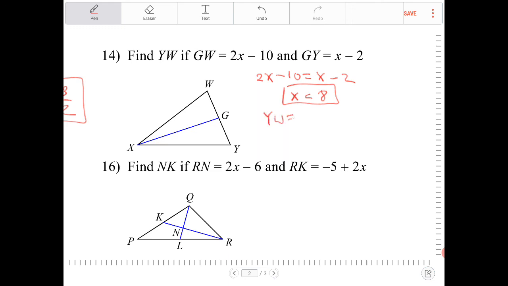YW is equal to 2 times GY, which is going to equal 16. I'm sorry, not 16. What am I doing? It's 2 times 8 minus 2, which is equal to 12. Okay?